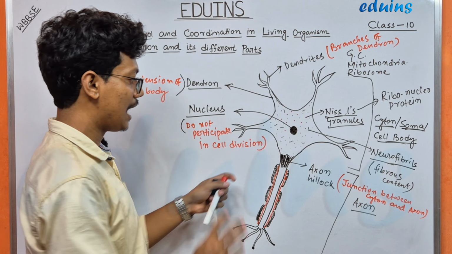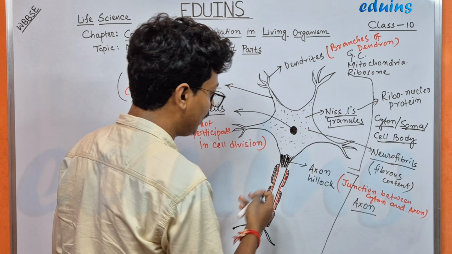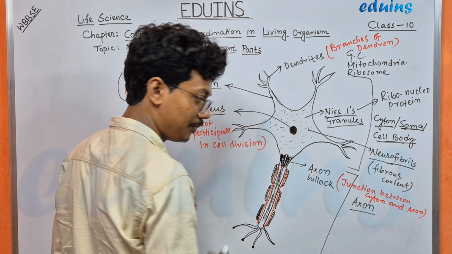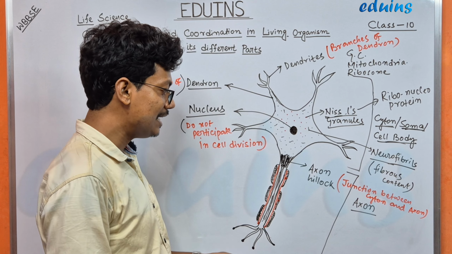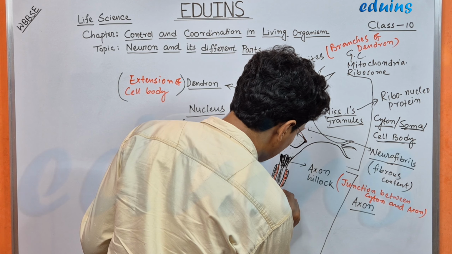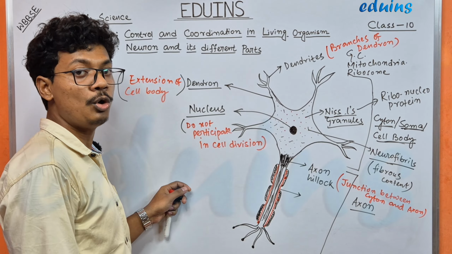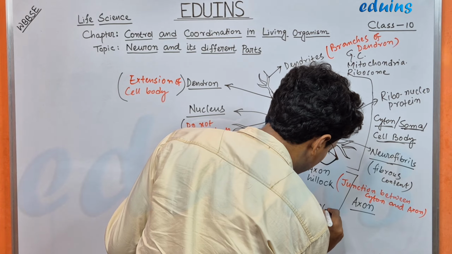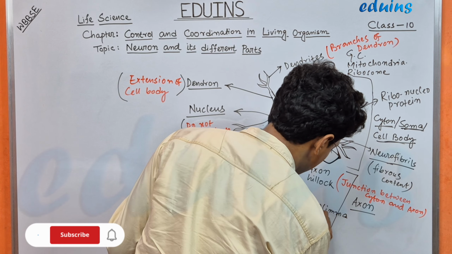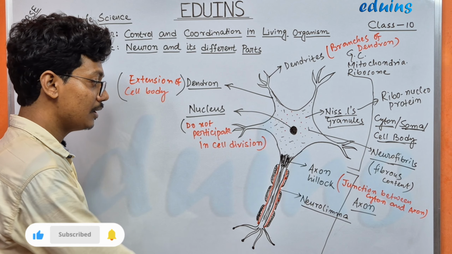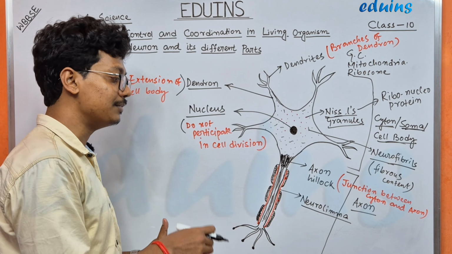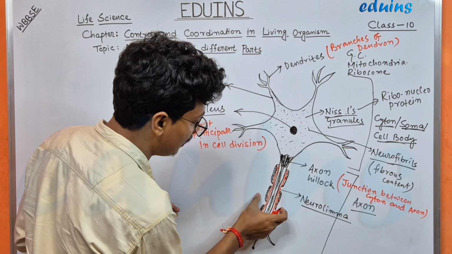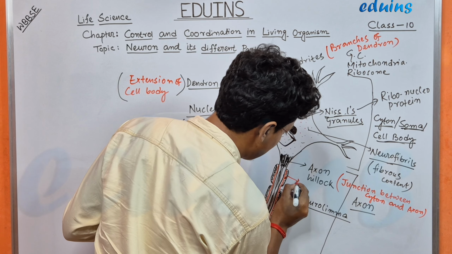After that, the axon part starts. The inner part of this axon contains the nerve fiber, and the nerve fiber is covered with a layer called neurolemma. Neurolemma is the covering of the nerve fiber, and another part, this bulge part, is known as the myelin sheath.